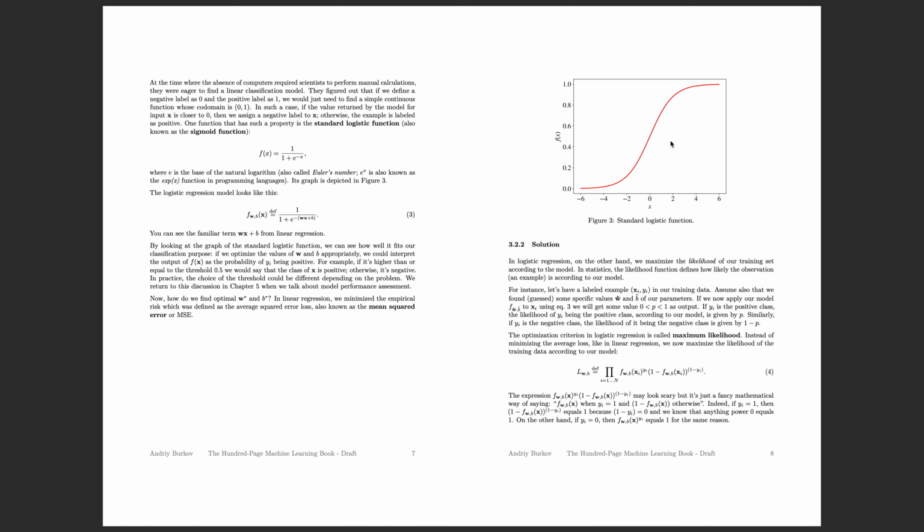So if it has 10 points and it has fit those the best possible, and then 2 points are outliers, it will not try to change its curve, because it has fit the data as best as possible. Error is not its problem. 8 out of 10 points correctly fit is better than trying to fit those 2 points, and then your other 8 points are not fit that well. So maximum likelihood solves the outlier problem as well.